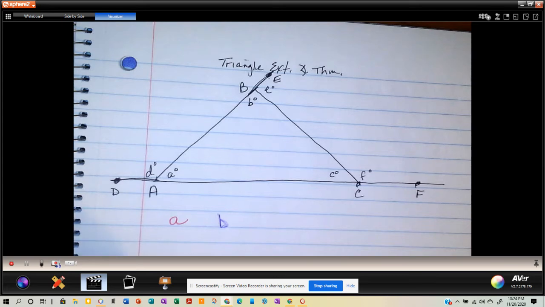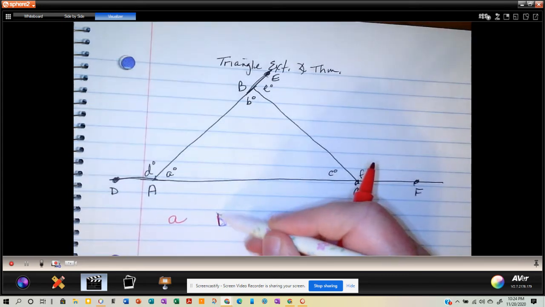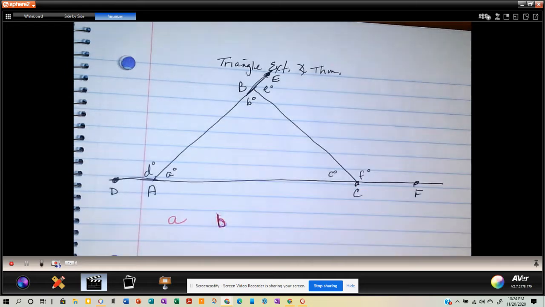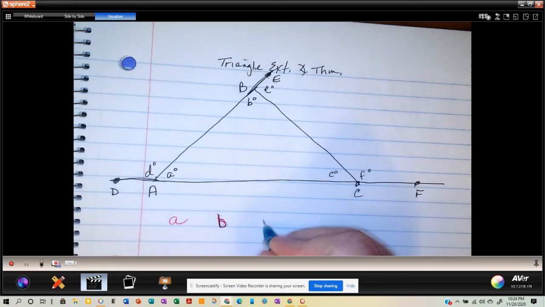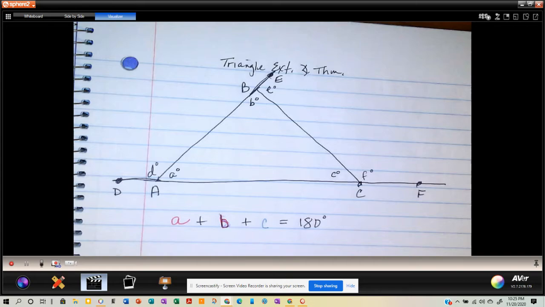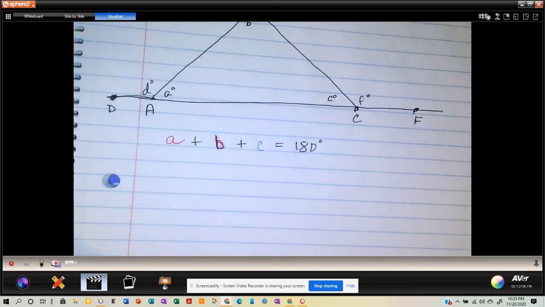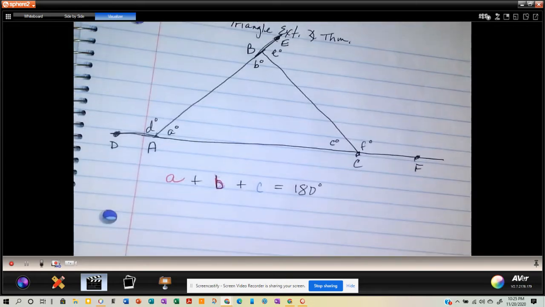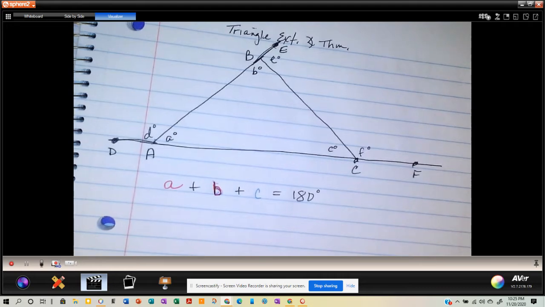There we go. A plus B plus C, they're going to equal what? 180. So we learned that last unit. But today we're going to talk about D, E, and F.